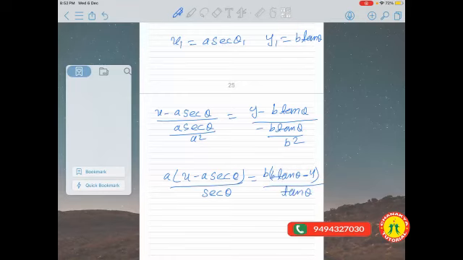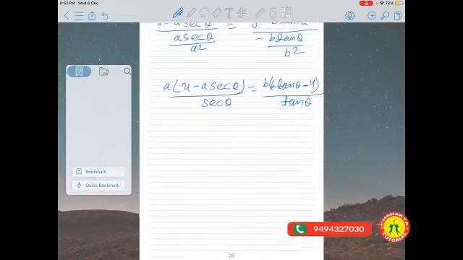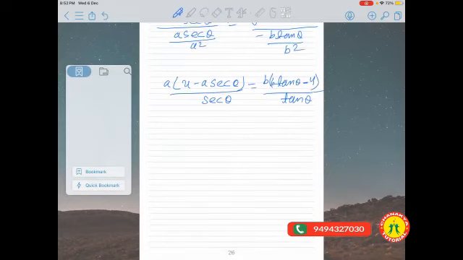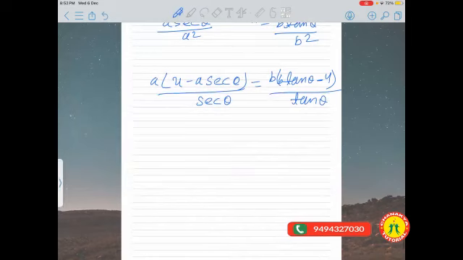Now simplify this: ax cos theta plus by cot theta is equal to a square plus b square.